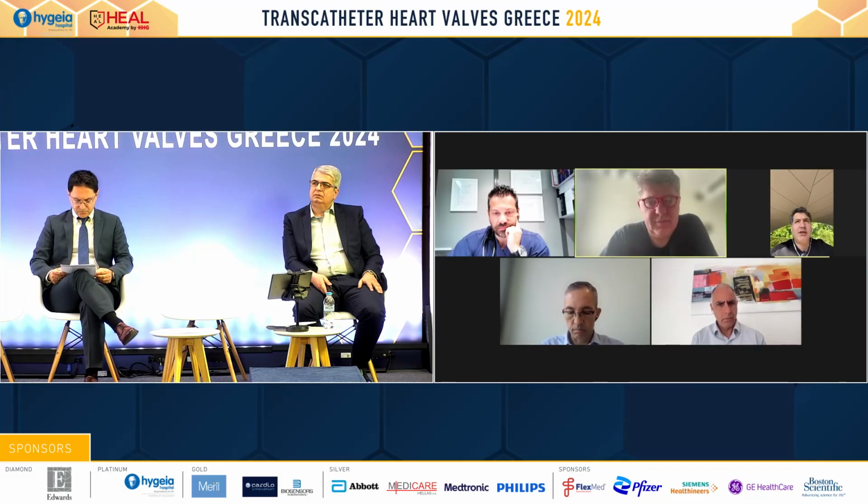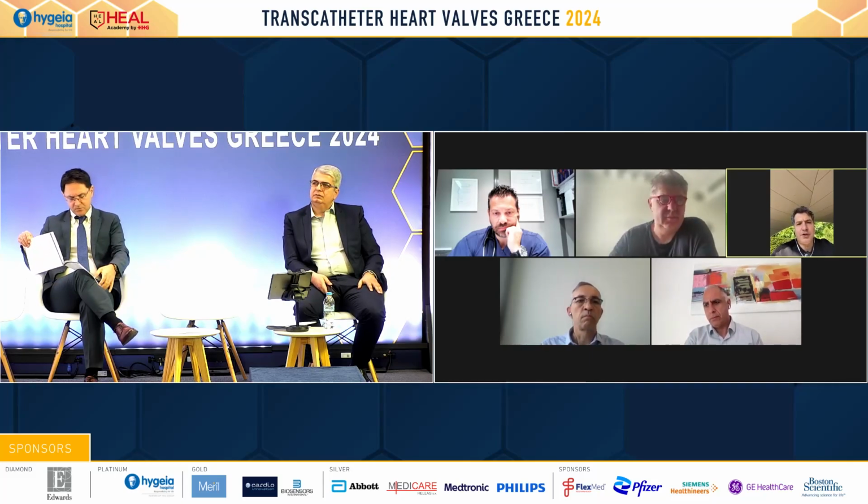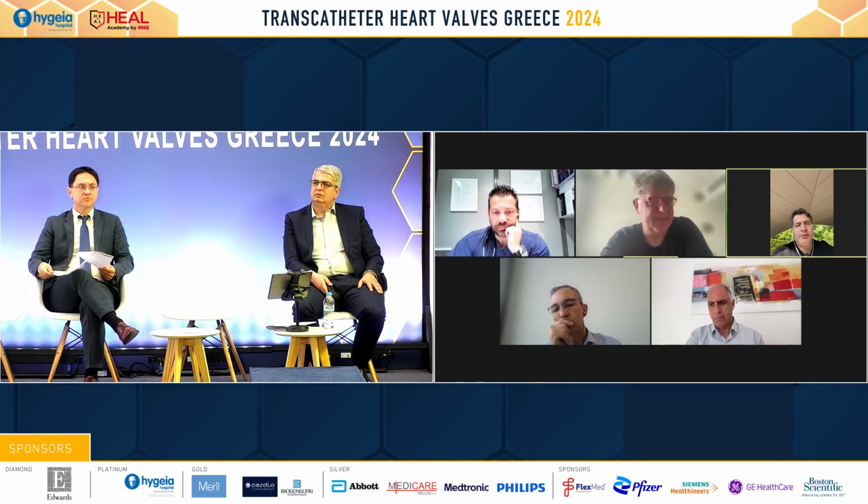With regard to the guidelines, it's very important to state that the treatment of choice for functional mitral regurgitation is guideline-directed medical therapy. So it is a 2B in Europe and 2A in the US. If that doesn't work and the patient is still symptomatic, then you can opt for TEER, and you do it for palliation.